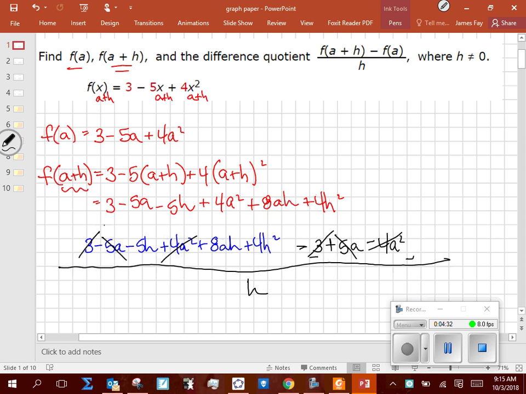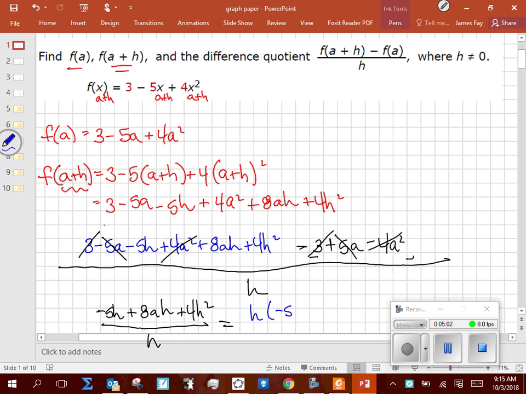So what am I left with then? Kind of running out of room here, but I'm left with what? Negative 5h up top plus 8ah plus 4h squared, right? And it's all over h. What do they all have in common up top? They all have an h in them, right? So let's factor that h out.